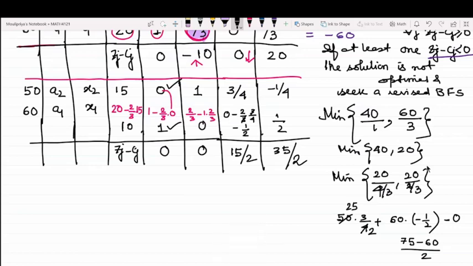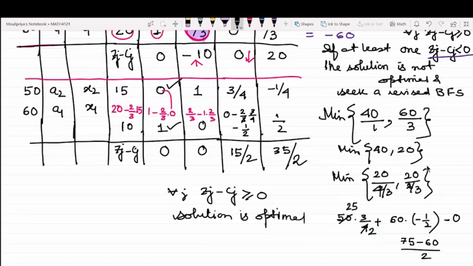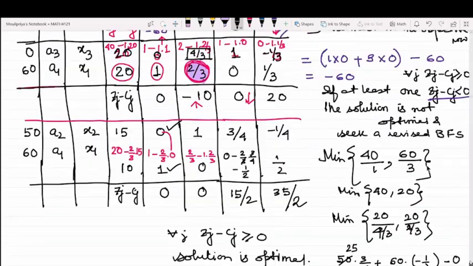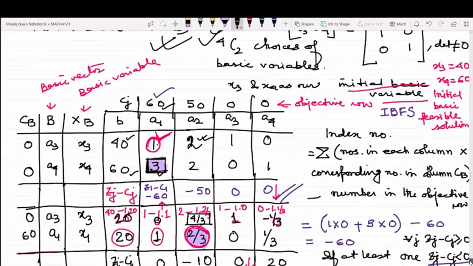Now we are in a position where for all j, Zj minus Cj is greater than or equal to 0. That implies the solution is optimal. What would our solution be? Tell me one thing, which column corresponds to the right hand side, small b? The fourth column.